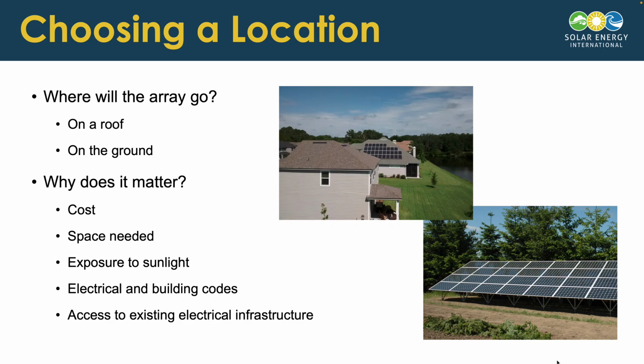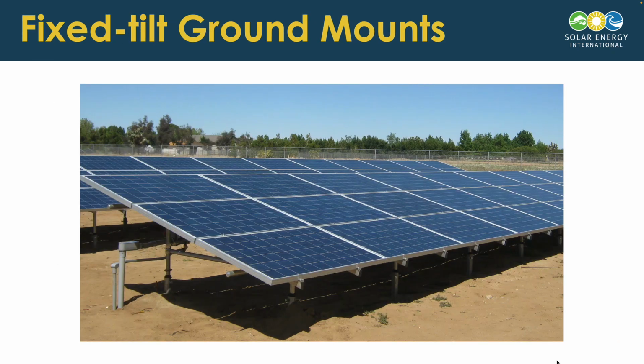If we put it on the roof, how do we get the electrical output of the array to the main service panel or service equipment for the building? If we put it on the ground, how far away is that ground mount from our point of interconnection to the electrical infrastructure? So some of the beginning considerations that we have to think about when we do select an option and what might affect the costing of my system.